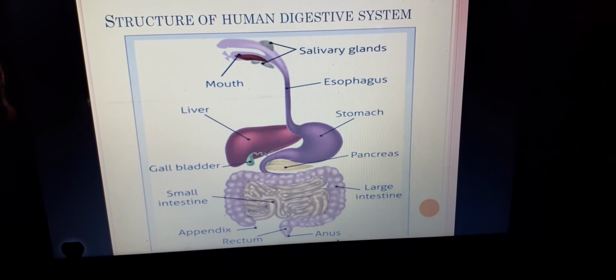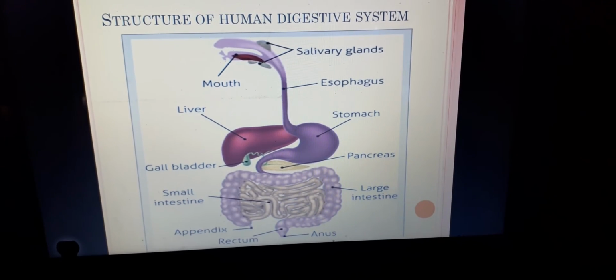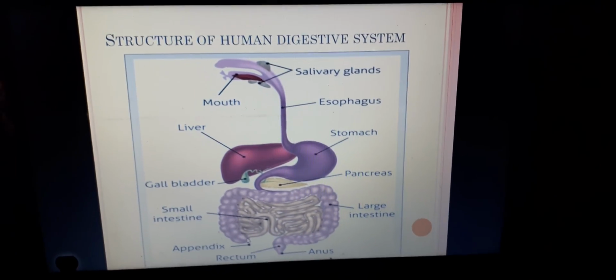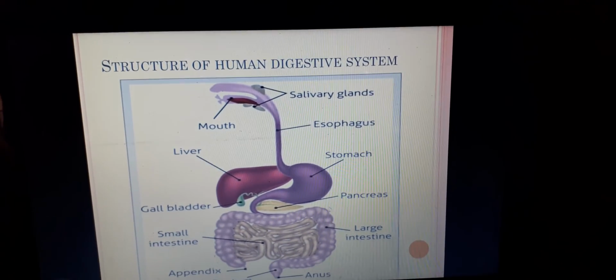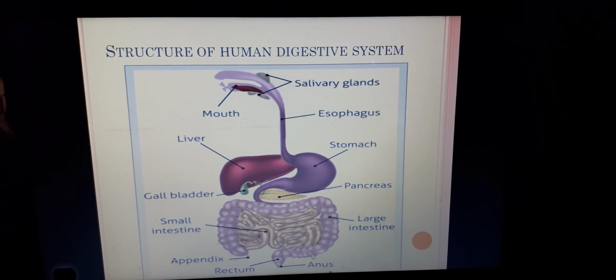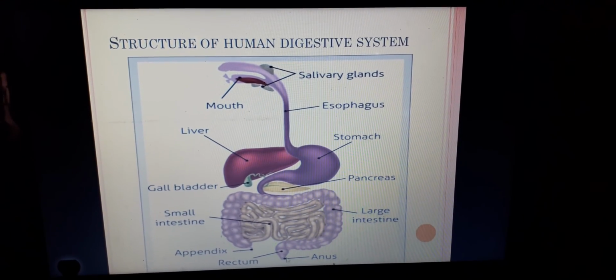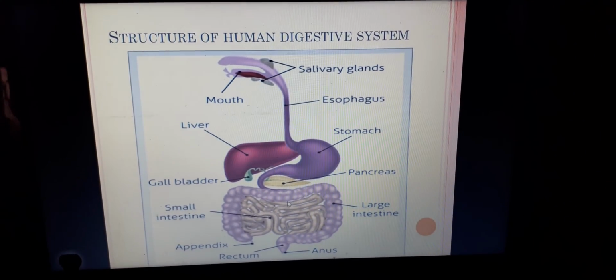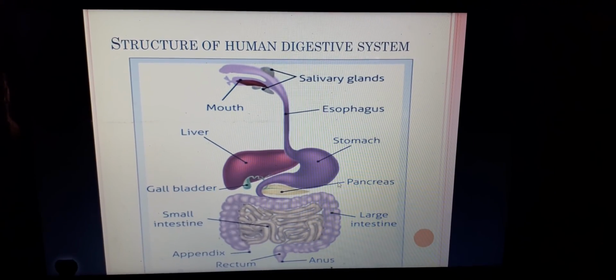In the picture you can see that the small intestine opens into the large intestine, and finally the rectum and anus. These are the organs found in the alimentary canal.